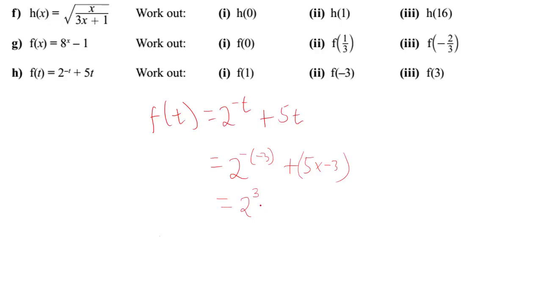So plus -15 is just -15. Okay. Now 2 cubed is 8, not 6. Minus 15 becomes -7. Okay. So when t is -3, then f of t, the whole thing, comes down to -7.